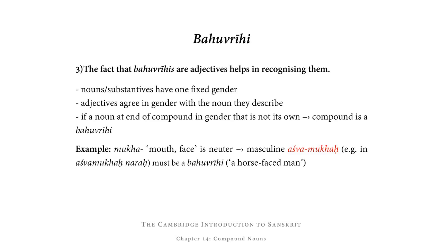And so, for example, if we have a phrase such as ashvamukhah narah, then what we're looking at in ashvamukhah must be someone, in this case narah, a man, whose face, mukhah, is a horse's, so a horse-faced man.